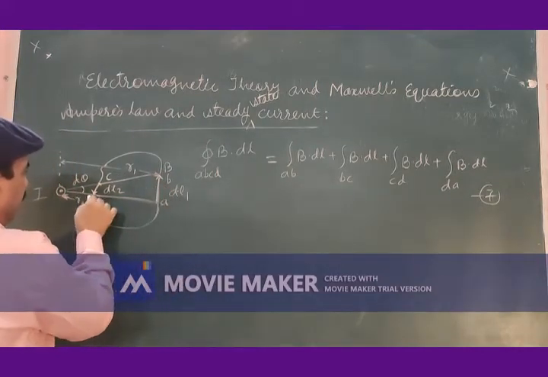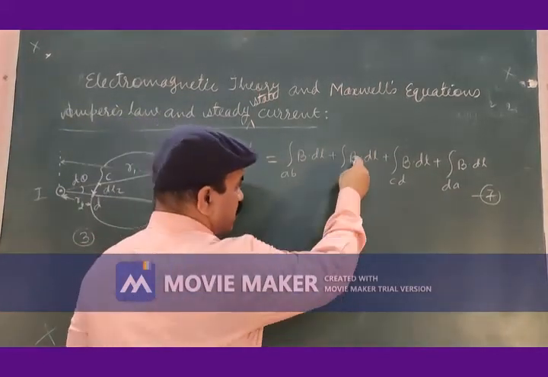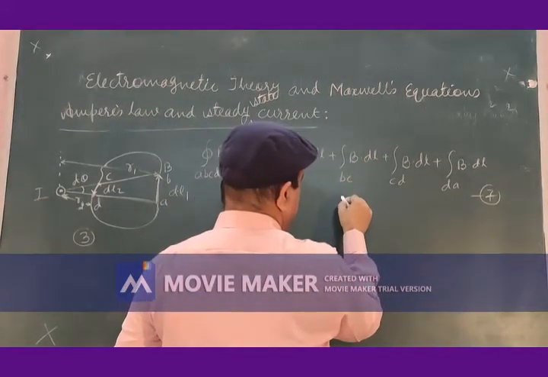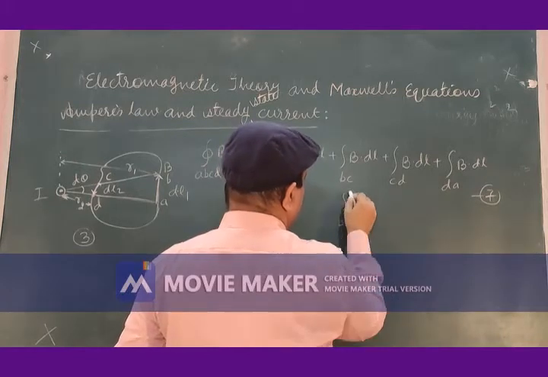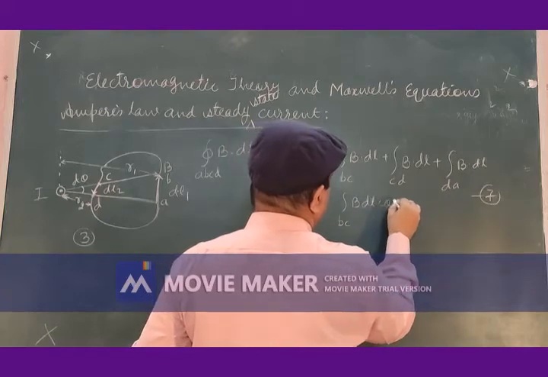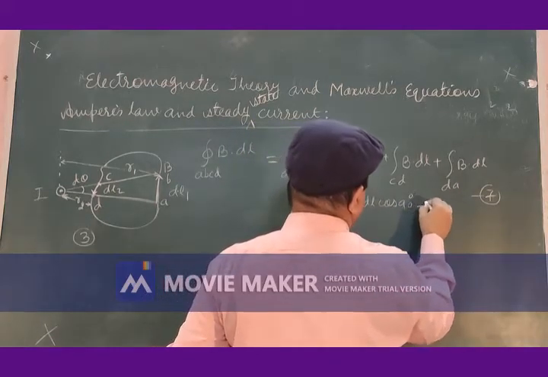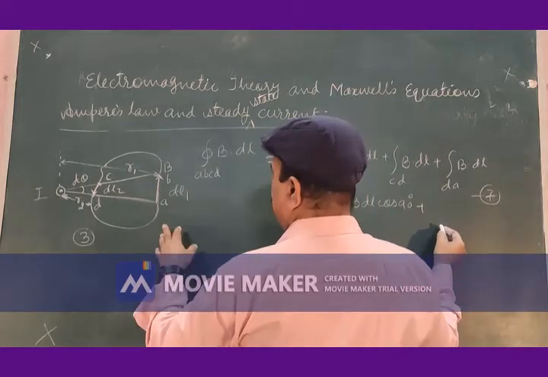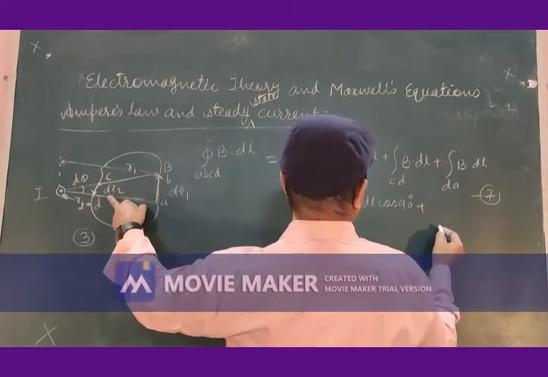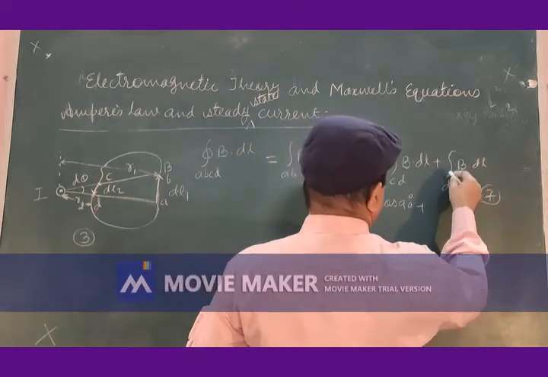Here B and this path also having approximately 90-degree angle. So for this and this, we can write this as B dl cos 90 degree, for BC and also for DA.